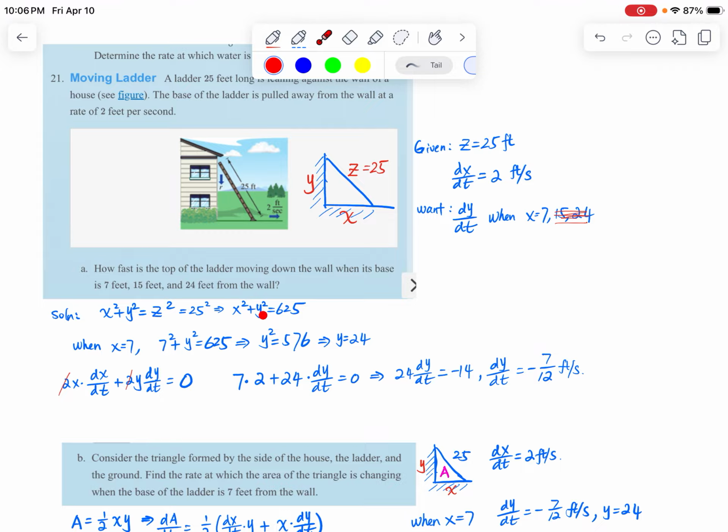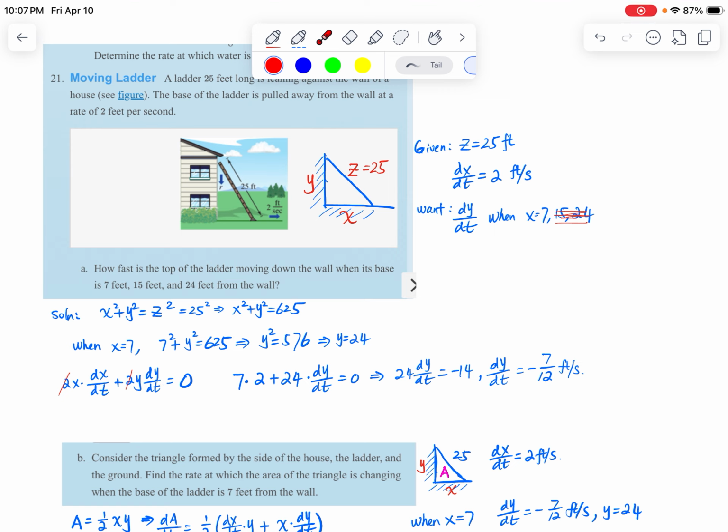Similarly, because y is a function of t, use the chain rule. And this is a constant, so the derivative of 625 is going to be 0. Now, obviously, we can divide both sides by 2 to get rid of these 2s, so that's why I crossed out the 2. And then this is the equation that we have. We can use this new equation to find dy/dt.